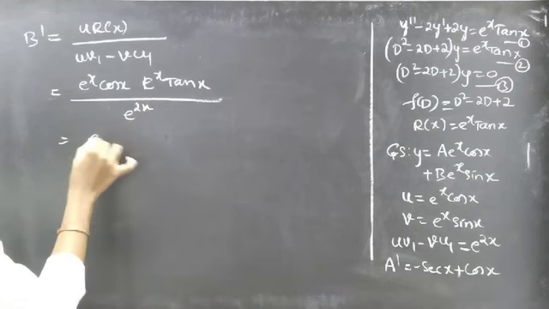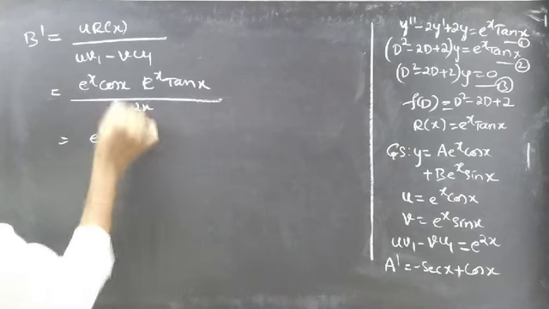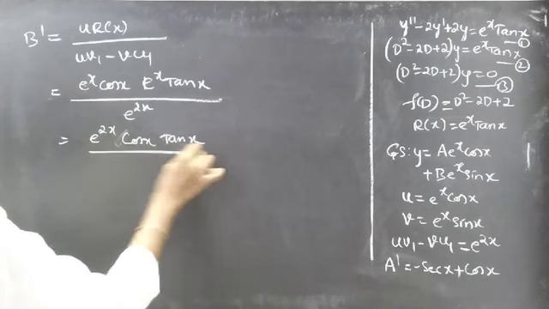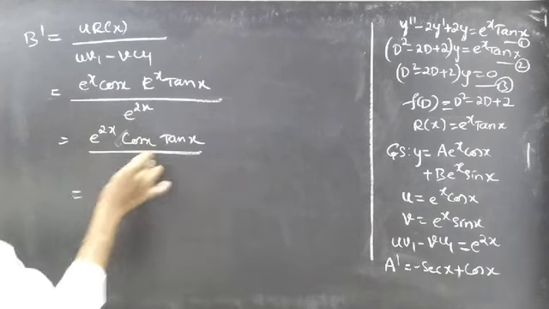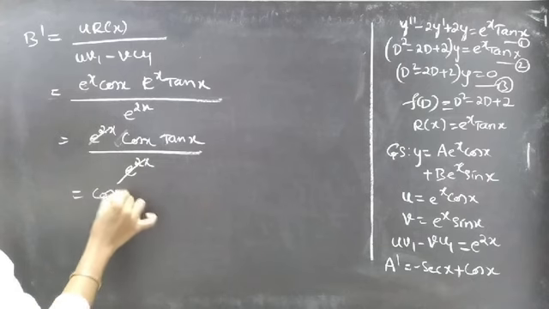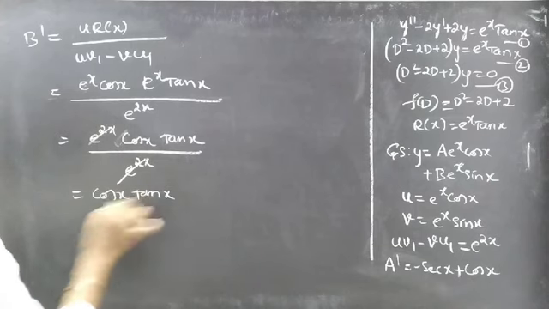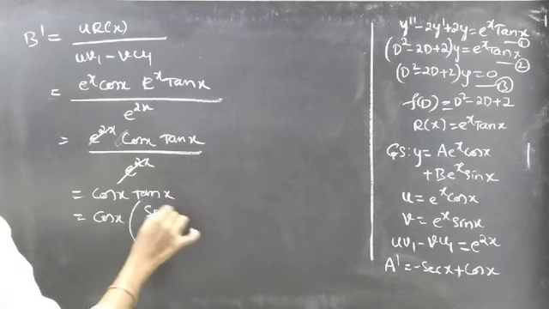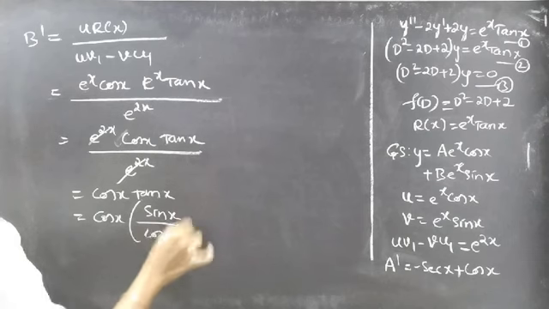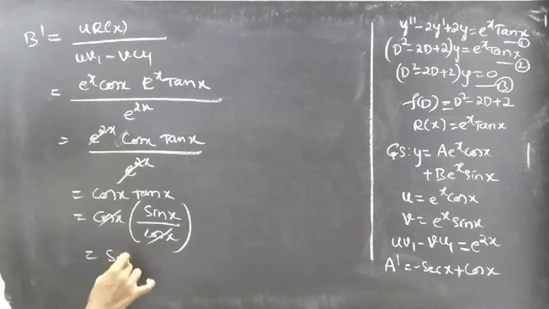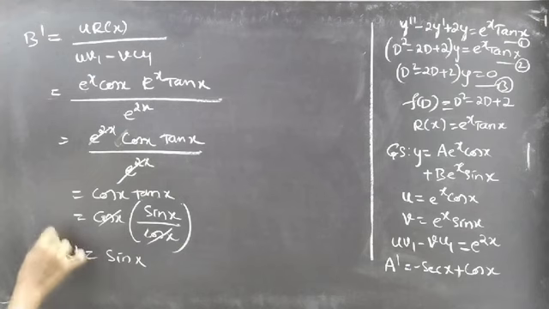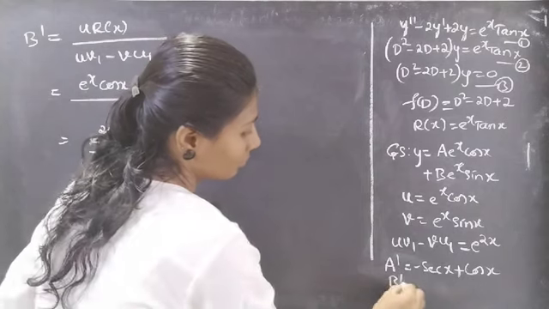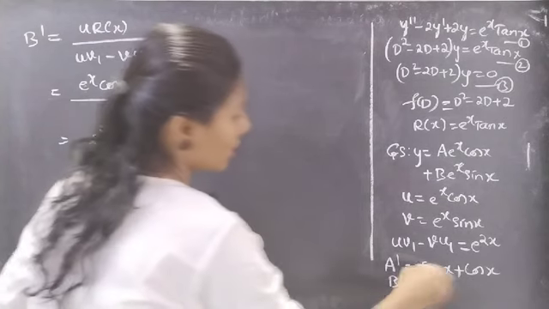E power x into e power x is e power 2x, into cos x into tan x, by e power 2x. Here e power 2x gets cancelled and we'll get cos x tan x. Let's replace tan x with sin x by cos x, so that cos x gets cancelled here. Then we'll get b dash equals sin x. Right? So we got a dash and b dash.